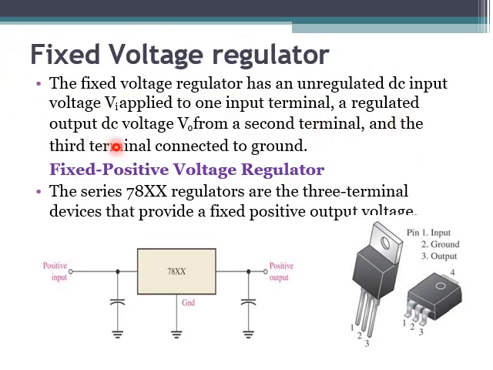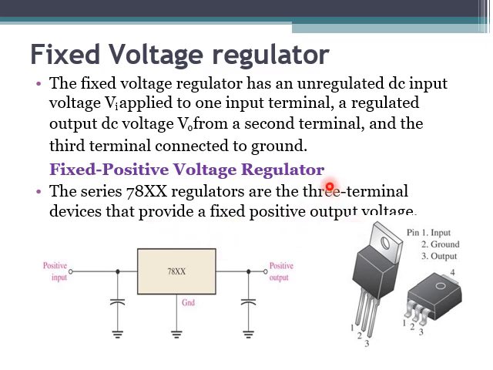Now, we have the fixed voltage regulator, which is what we generally use for laboratory purposes. There is a fixed positive voltage regulator, and the series starts with 78XX, where XX represents the output voltage. It is a three terminal device which provides a fixed positive output voltage.